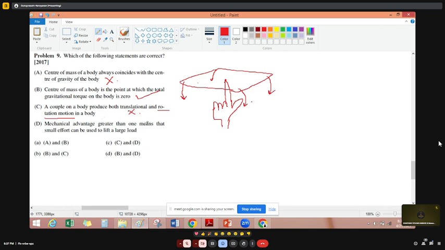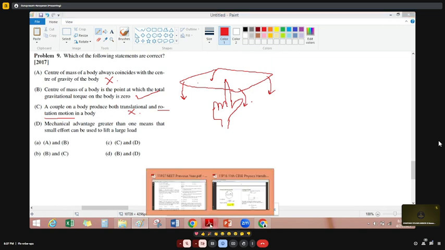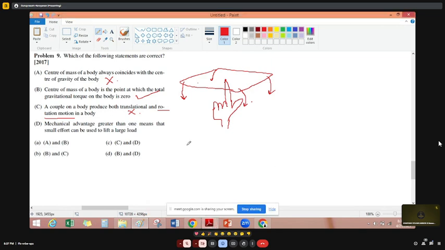Mechanical advantage greater than 1 means that a small effort can be used to lift a large load. I think I showed you this in the handbook, the rock example. If you had a big rock here and take a fulcrum here, the effort here will be minimum and the mechanical advantage is greater than 1.